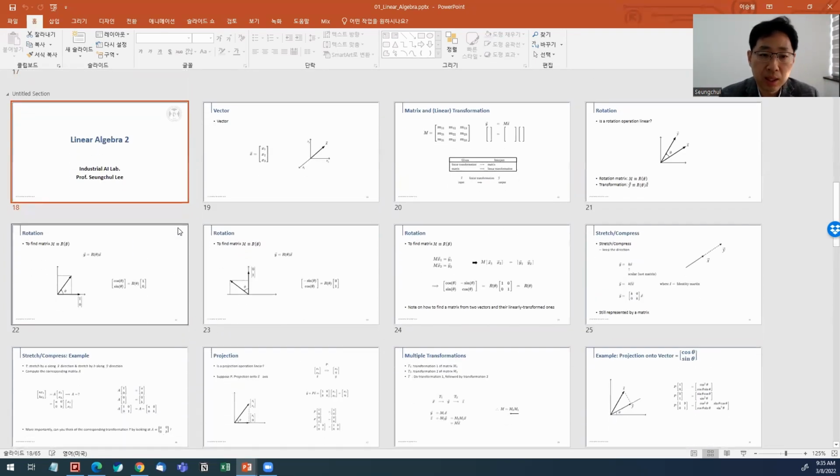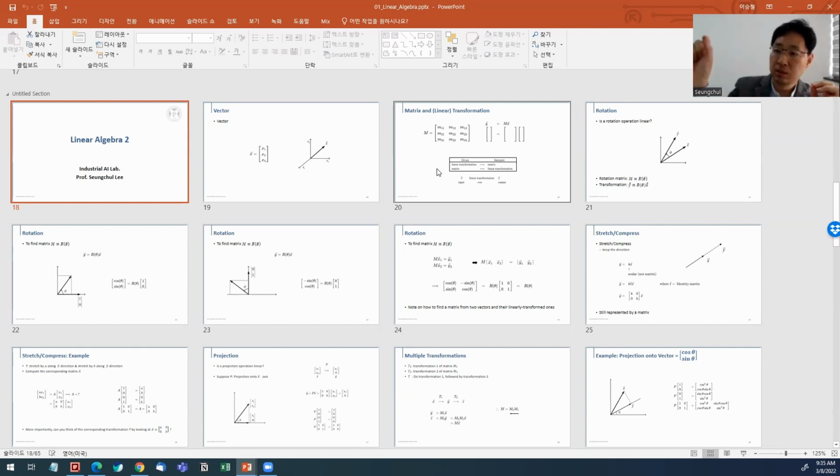And the second topic is, again, let me see. It was the matrix and linear transformations. The message that I want to point out here is that we talk about different linear transformations a lot, and as always, there is an associated matrix.